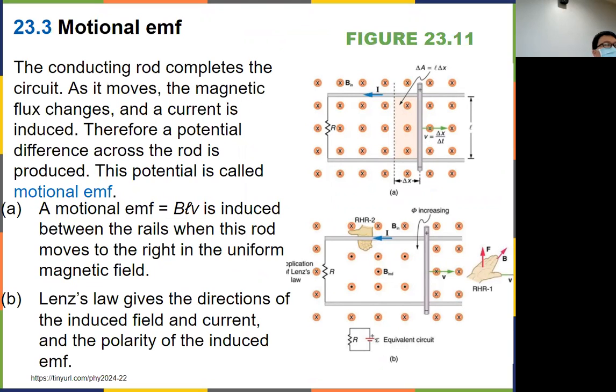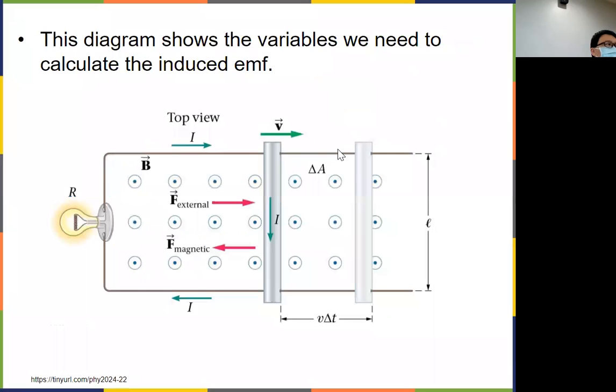In the previous cases, the area is not changing, but you have changing magnetic field strength, so flux will be changing. Now in this section, the magnetic field is not changing, but the area is changing, so flux is changing. Then you'll have induced EMF in this closed circuit made by the two rails and this moving rod. The result is you will have induced current in the rod or in the circuit, and the light bulb here will be lit.